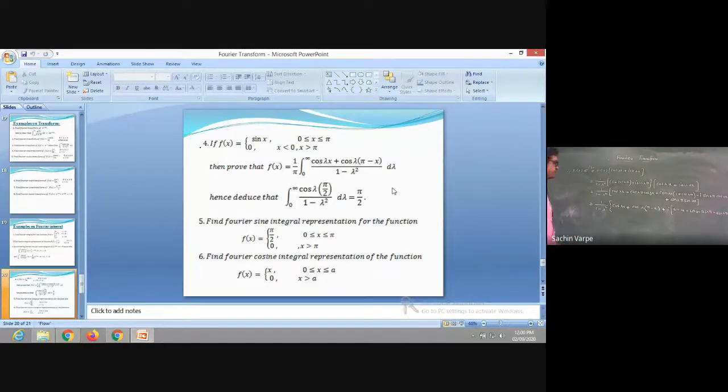Anyways, sin is an odd function, cos is an even function. Anyways, it is lambda pi, so that is constant. Here also lambda pi, so that is constant. Right.